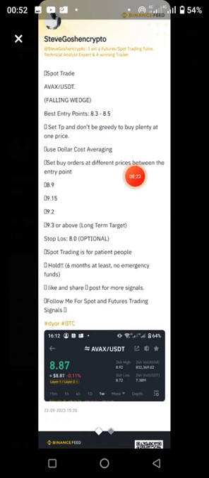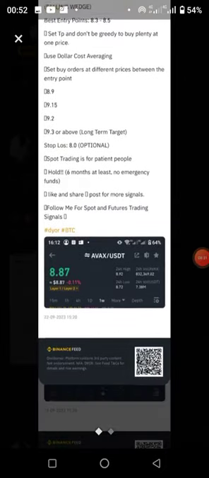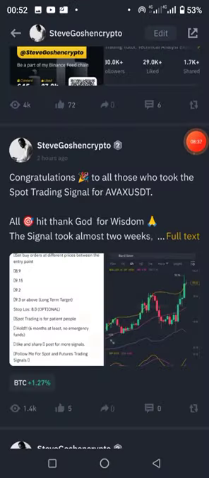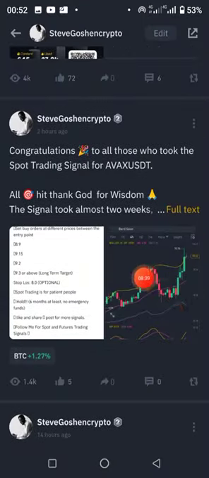It actually came down and people bought. You can see it hit the target, all targets and beyond. So it was after 14 days that this particular spot trade made the movement. You can see it was today. This is it. The movement is here. This is it, the green candles.